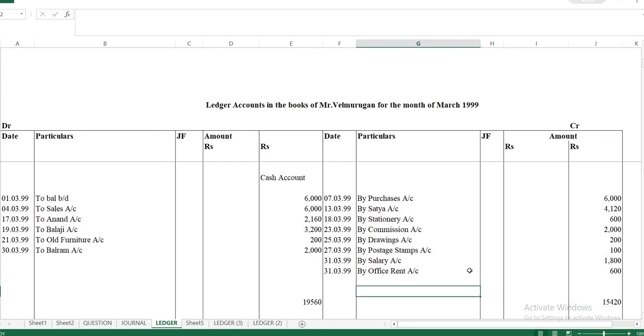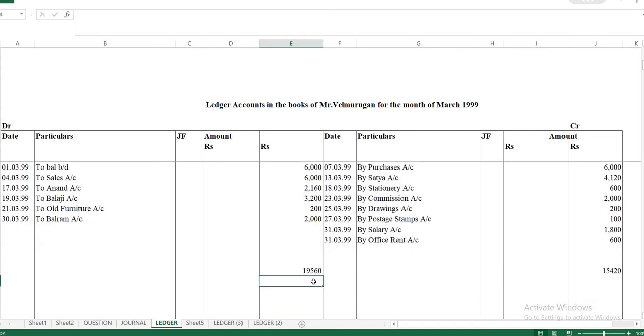Okay, now which side is higher? 19,560 தான் higher, அதிகம், 15,420 விட. So what you have to do, you have to draw two columns. Here you have to draw lines. Okay, in the lines you have to mention 19,560. This side also 19,560 only you have to mention.